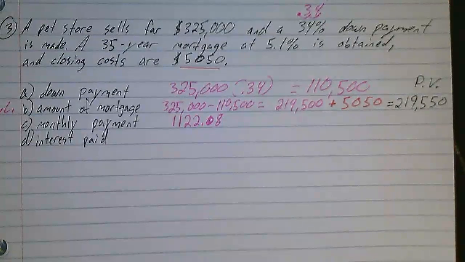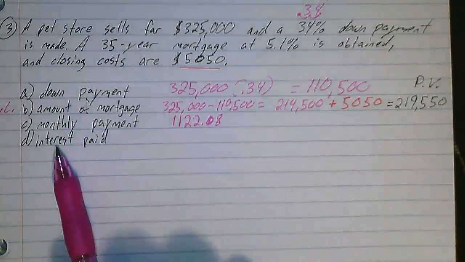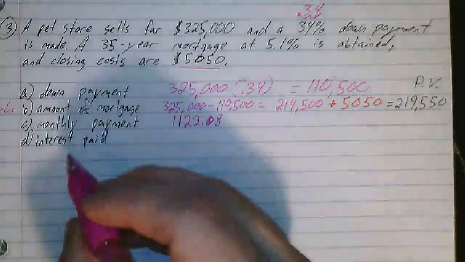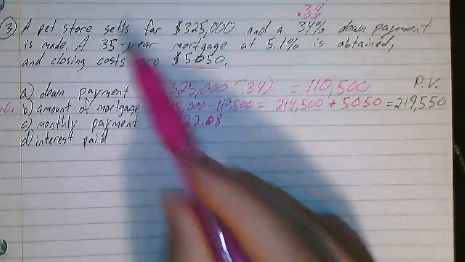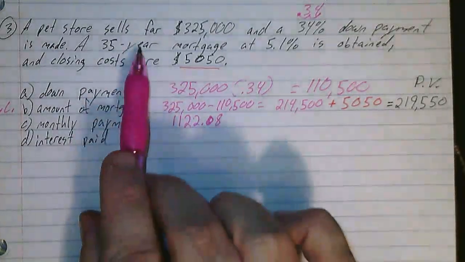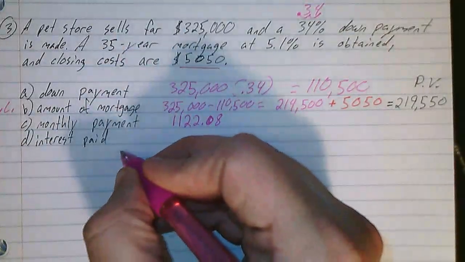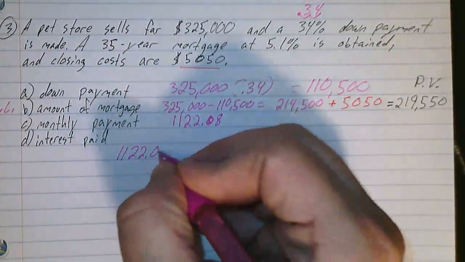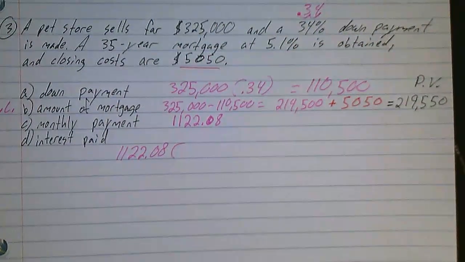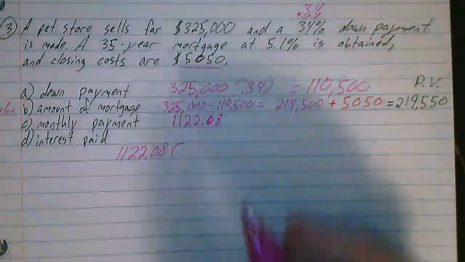So again, the hard part here is the interest paid. To find the interest paid, first, how much did we actually pay? It's the monthly payment times the number of months. So we're looking at 1122.08 times, what was that? 35 times 12. Oh yeah, 420.